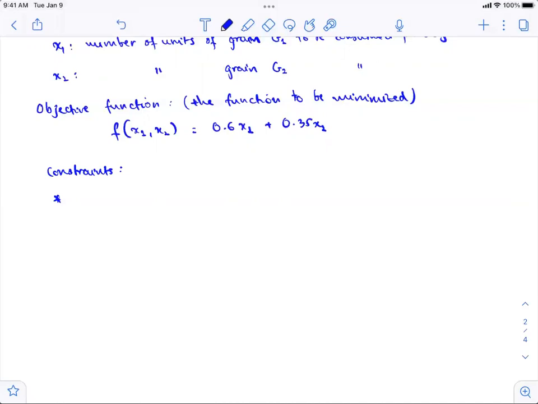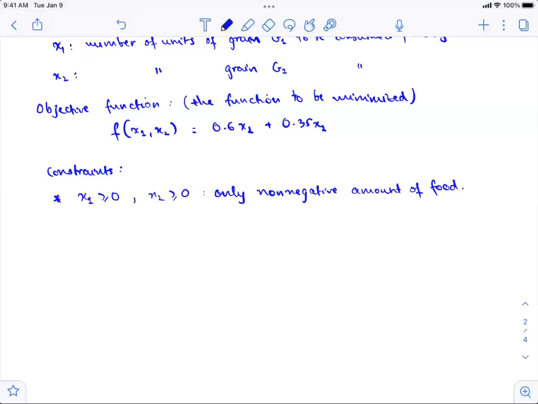You either don't consume anything or consume a positive amount of food. So x1 greater than or equal to 0 and x2 greater than or equal to 0. That is only a non-negative amount of food. All right, that makes sense.